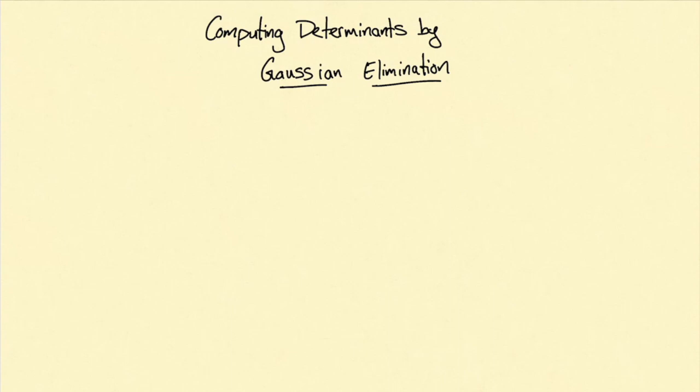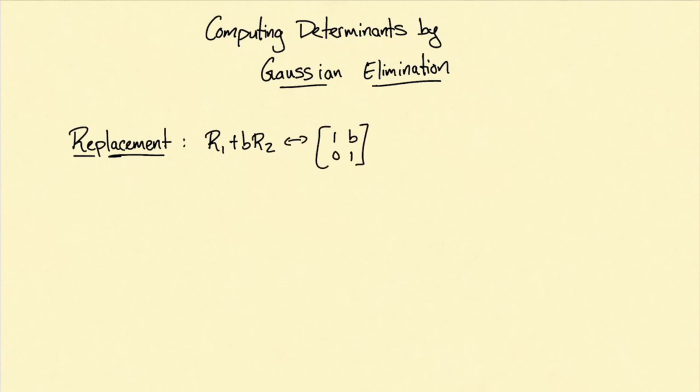So we know that the replacement operations can be encoded as either an upper or lower triangular matrix. If we want to add B times row 2 to row 1 of a 2 by 2 matrix, then we encode this using the upper triangular matrix with columns (1, 0) and (B, 1).